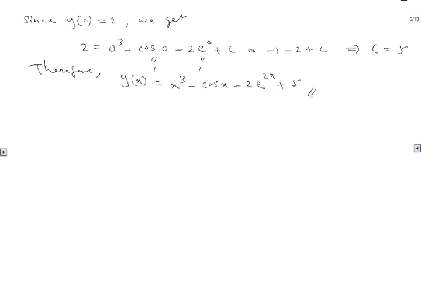Now let's look at another form of the solution, because sometimes this form is useful when you try to solve certain problems.